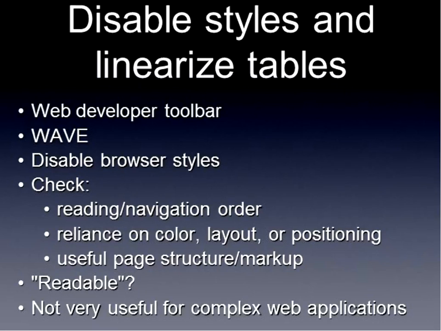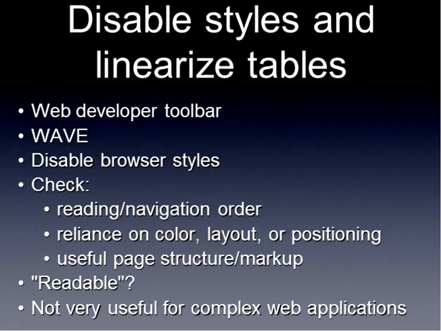I think the spirit of this is that the user has control over certain visual aspects of their page. They can override colors, they can increase text size, and the page maintains its readability and functionality. Do keep in mind, however, that if you have a complex web application, disabling styles and linearizing tables may not be all that useful, right?